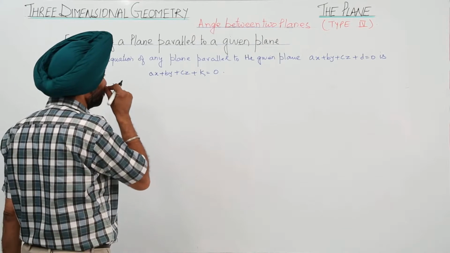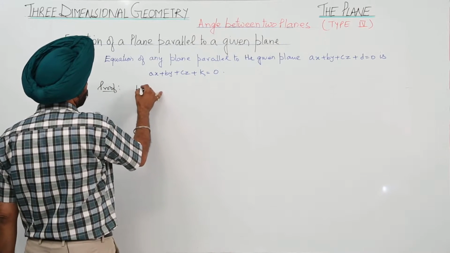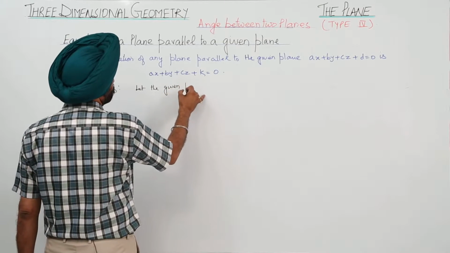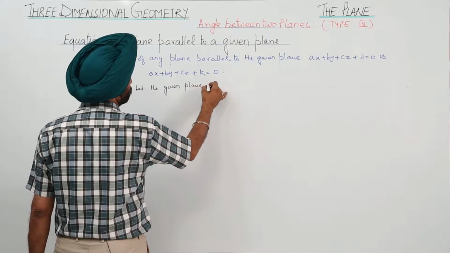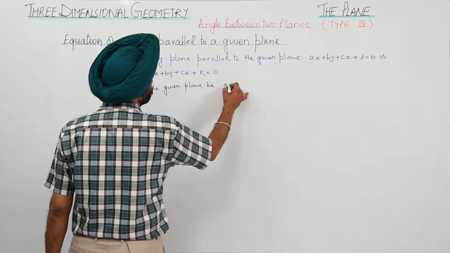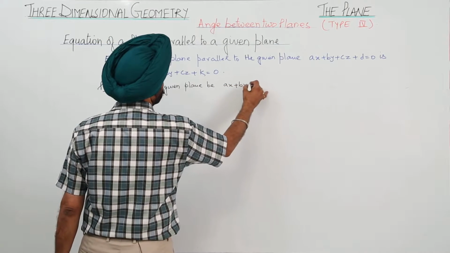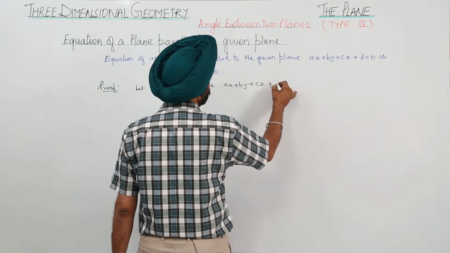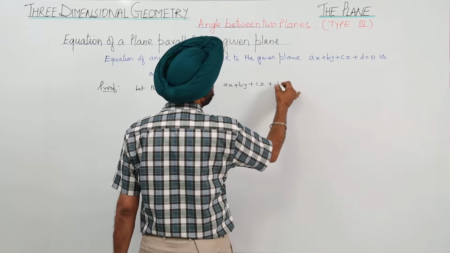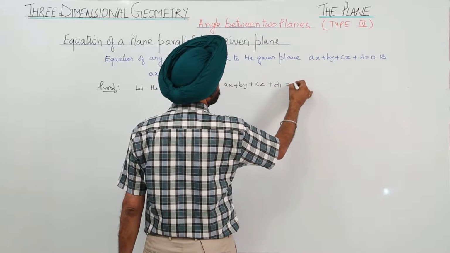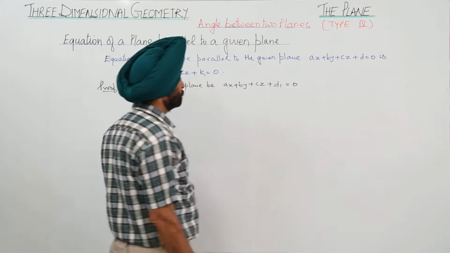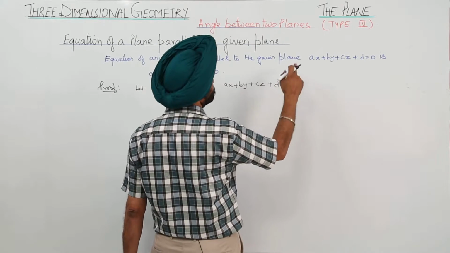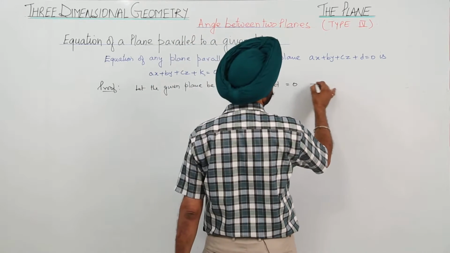Proof now. Let the given plane be ax plus by plus cz plus d is equal to 0.